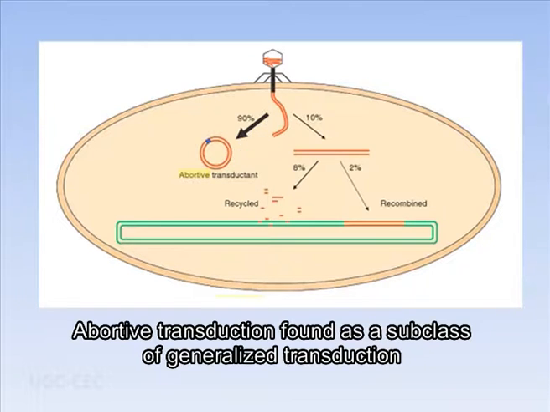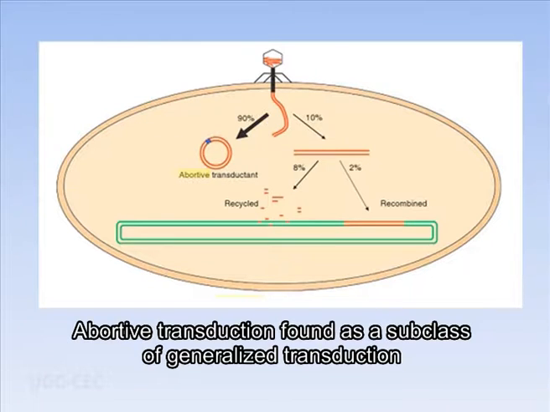chromosomal DNA might face two fates. One, it might become circular and not become integrated into the recipient cell chromosome. Why is it not getting integrated? Because certain enzymatic pathways are required, and that is not taking place.